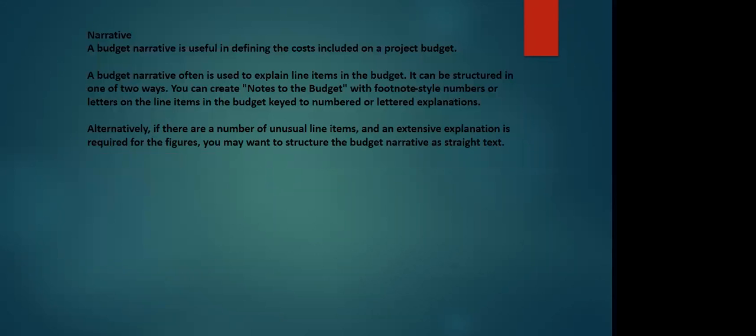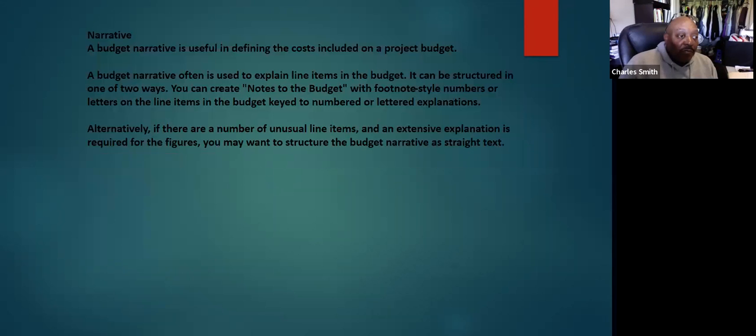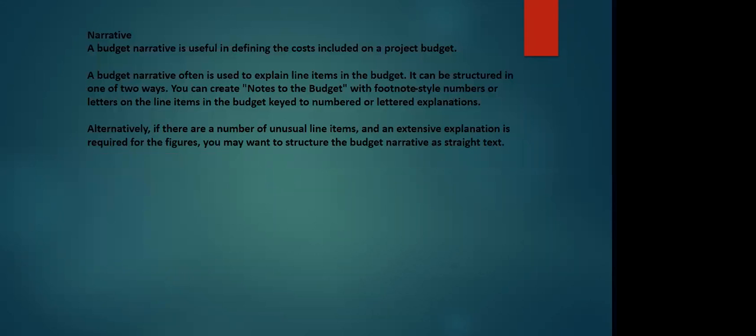Budget narrative. A budget narrative is useful in defining the costs included on a project budget. A budget narrative is when you explain exactly what you're buying and how it relates to the organization. Point of fact, you buy a computer. Well, you have to justify it.